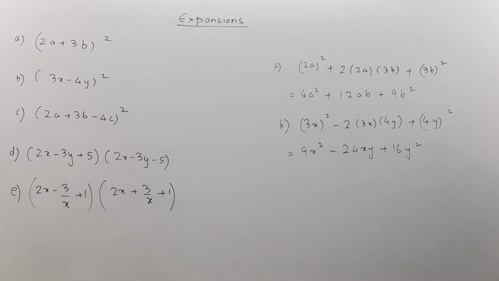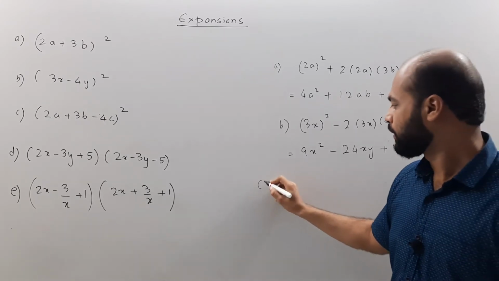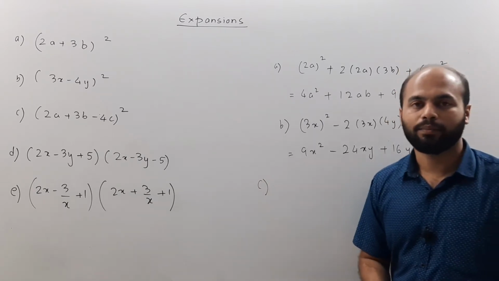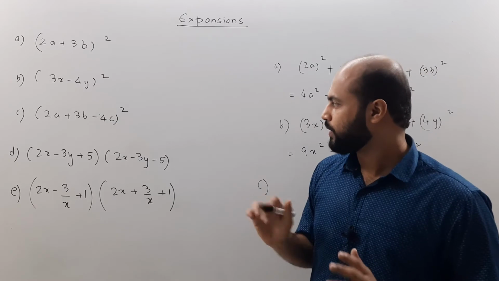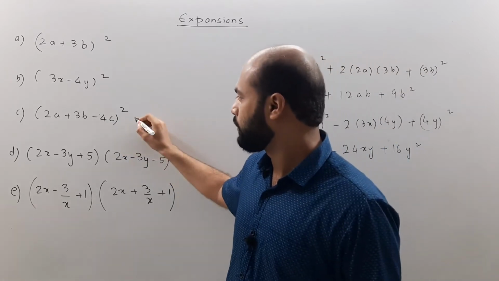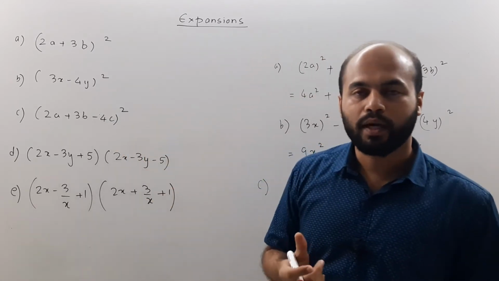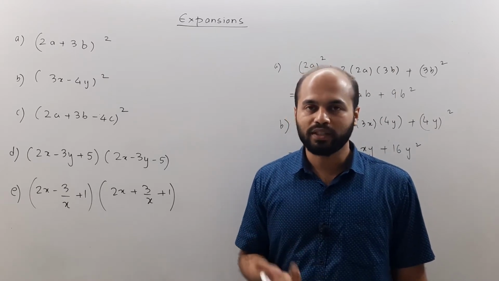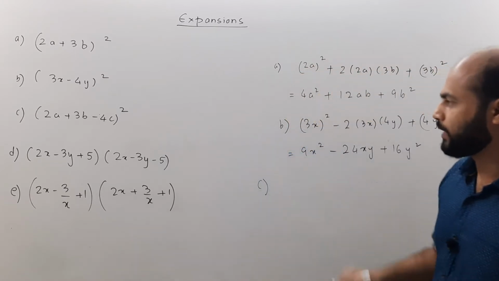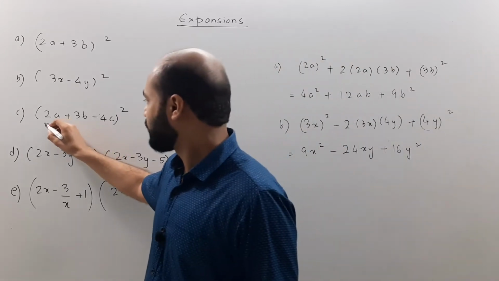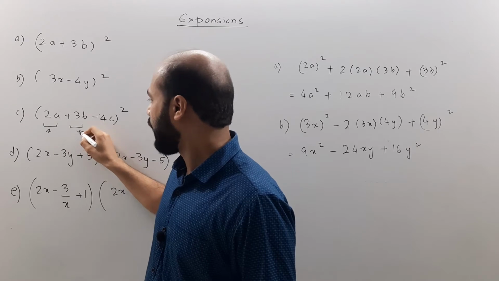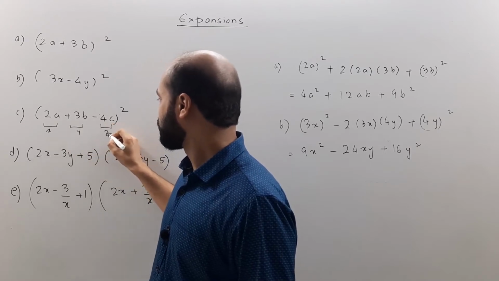Third one is of the type (x plus y plus z) the whole square. So we saw that the expansion of this would be a square plus b square plus c square plus 2ab plus 2bc plus 2ca. So this is of that type, which means that, let's say this is x, this is y and this is z.